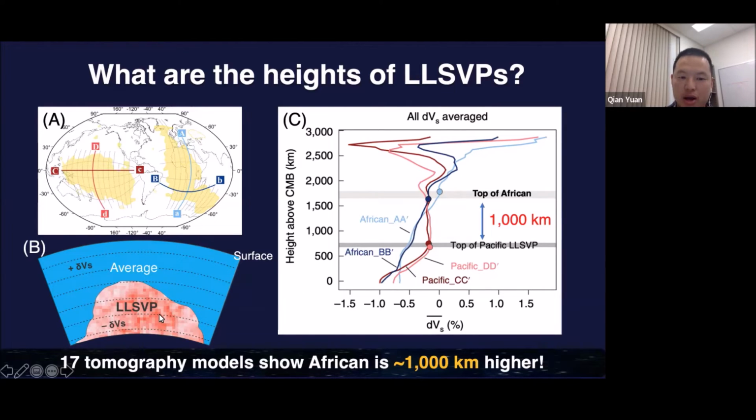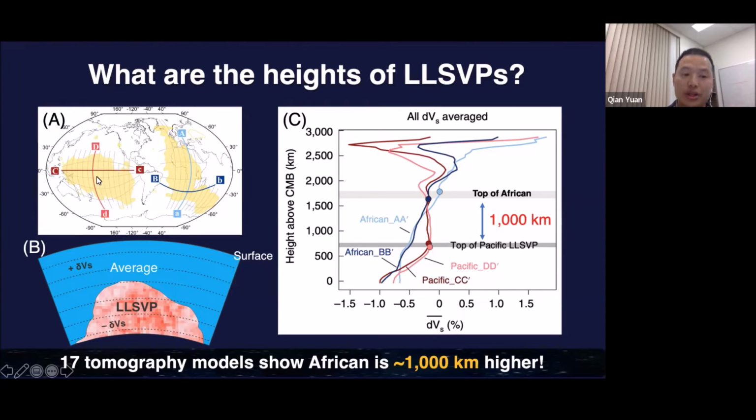But as you get higher and higher, the value will get larger and larger until you reach a turning point, which may be the top of the blobs. Once you reach the background mantle, it will be very similar and the average value won't change much, as we can see here. So we use this turning point to define the maximum height of the LLSVP for these cross sections.